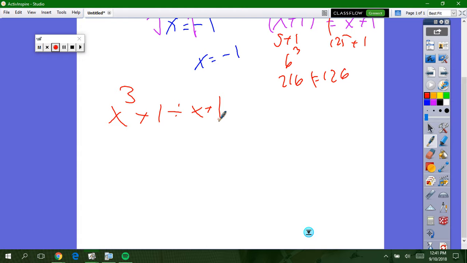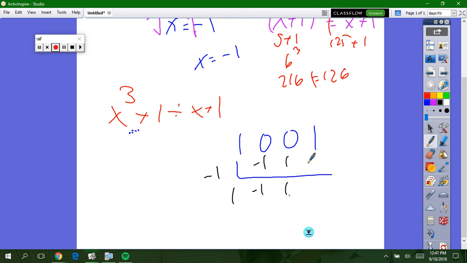What are the coefficients of x cubed plus 1? 1, 0, 0, 1. Does everybody understand where I'm getting those? Once again, notice I have 0 x squared terms and 0 linear terms, correct? Okay. So I'm going to divide by -1. So therefore 1, -1, -1, 1, 1, -1, 0.